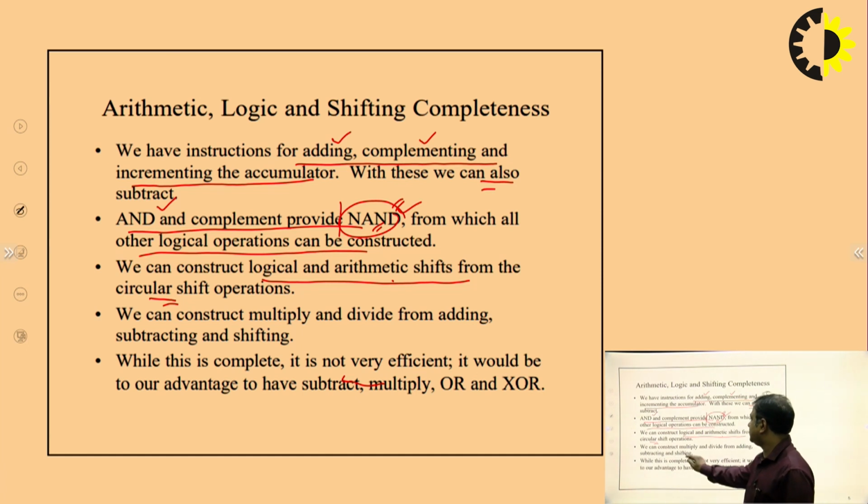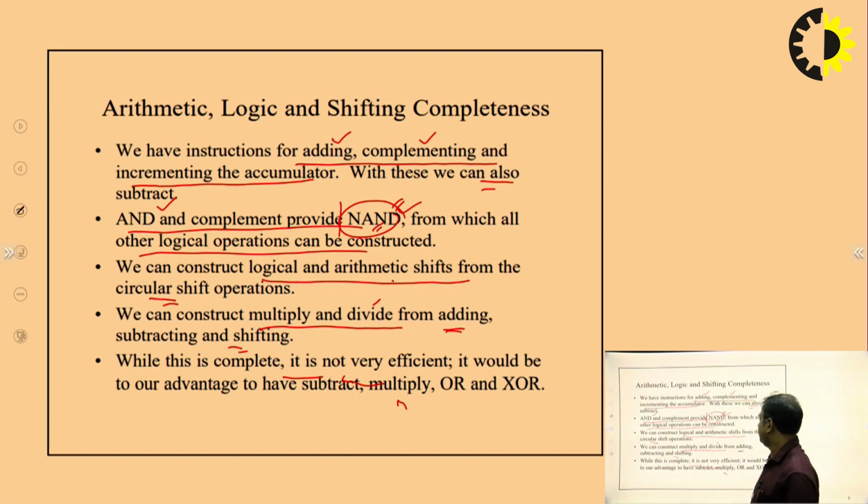Next, we can construct multiply and divide from adding, subtracting and shifting. So we have the addition, we have the subtraction and the shifting operation, then we can also perform the multiply and divide operations, because these are sequences of addition and subtraction operations. While this is complete, it is not very efficient.